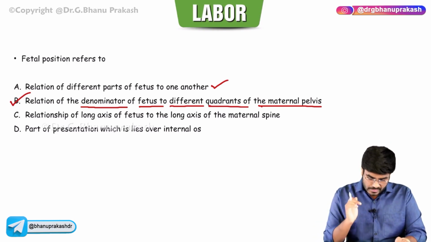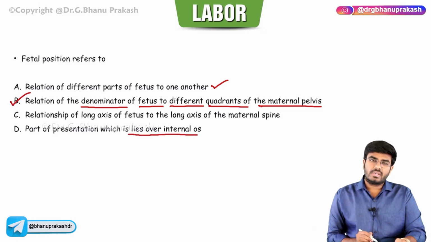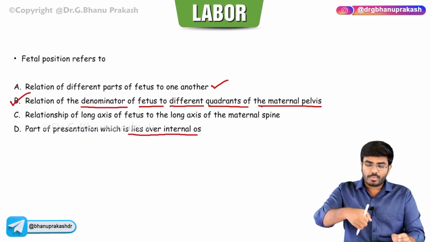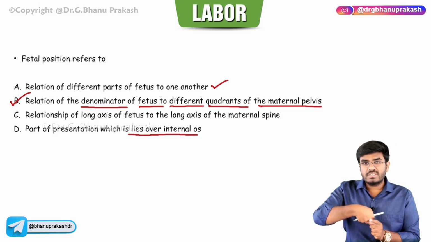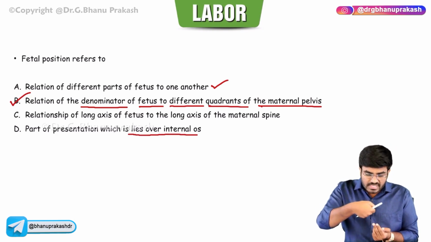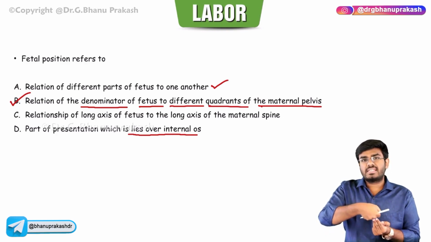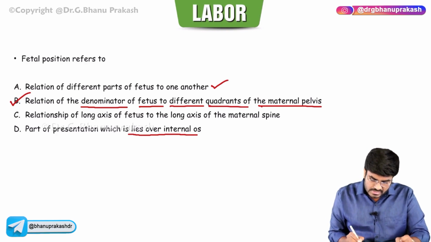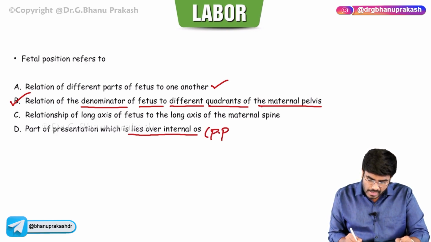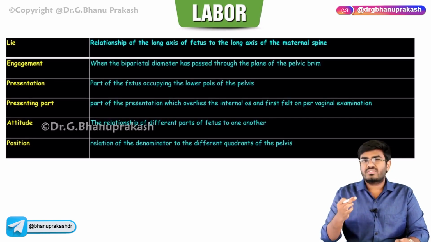Now, option D: the part of presentation which lies over the internal cervical os and which is going to be felt first on per vaginal examination. This definition is for the presenting part.